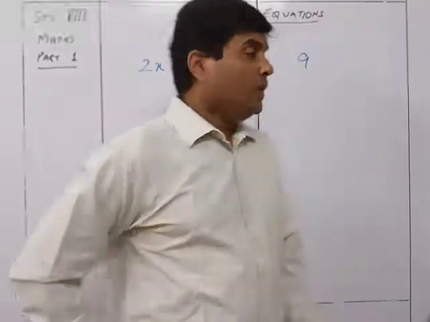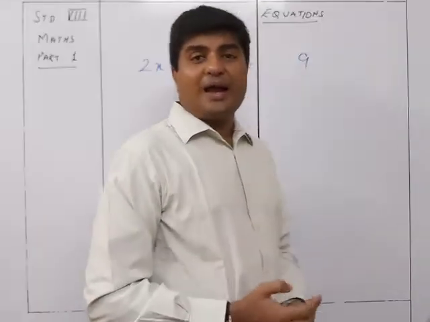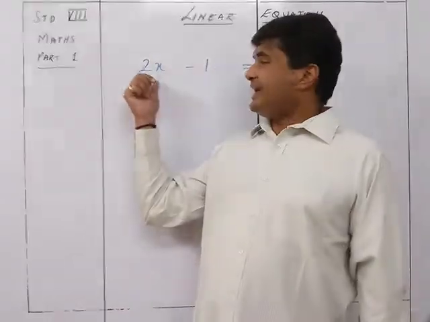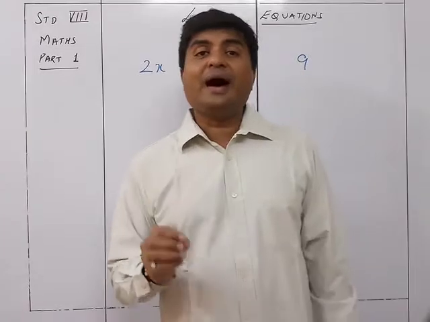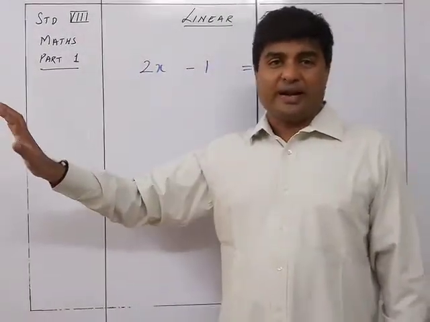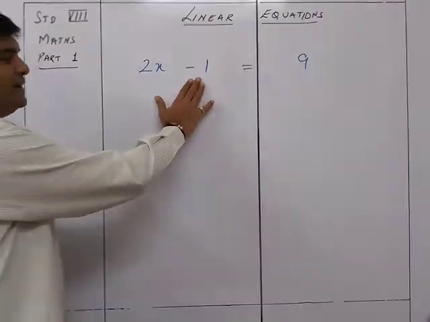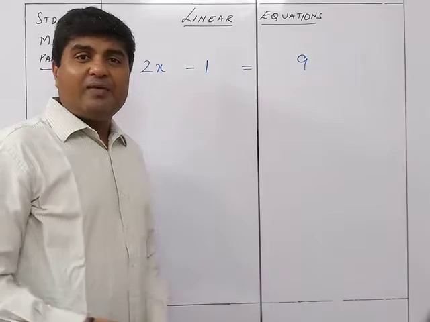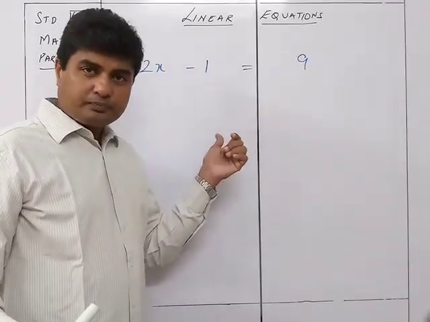So what will we do? Here we are going to try to keep this x alone on one side, and for that what is required? For example, I have minus 1 over here; if I add plus 1, then minus 1 plus 1 will become 0.